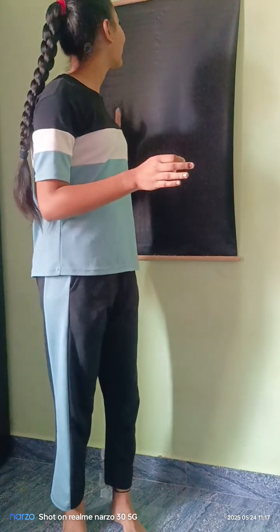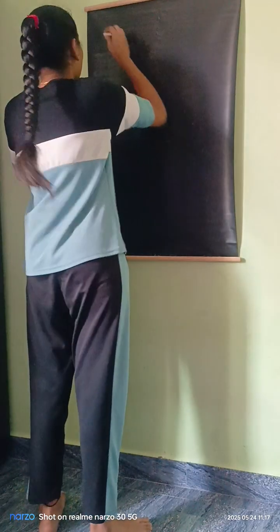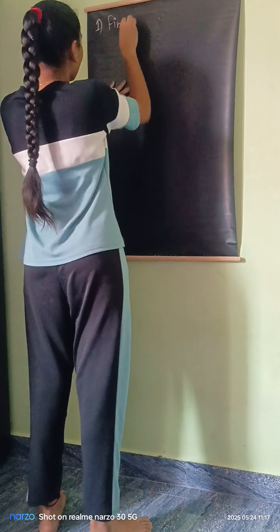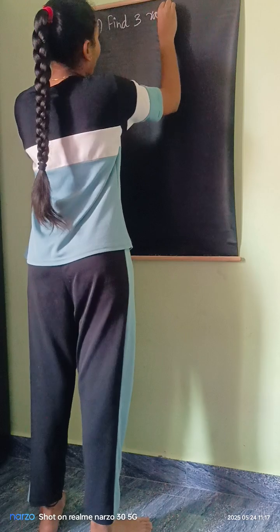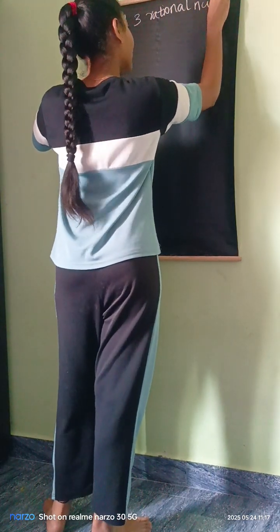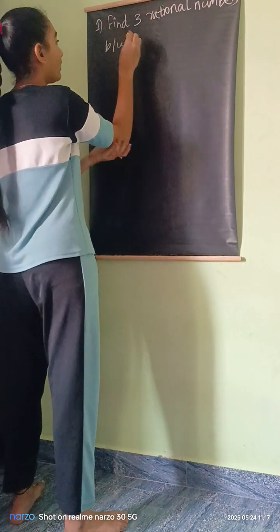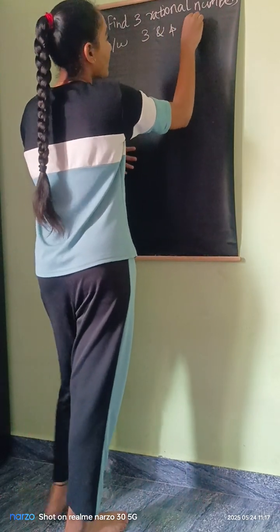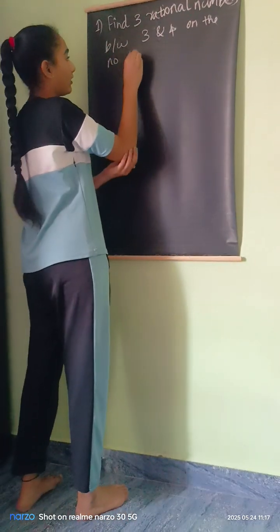But before moving into irrational numbers, let's solve one question. The question is, find 3 rational numbers between 3 and 4 on the number line.